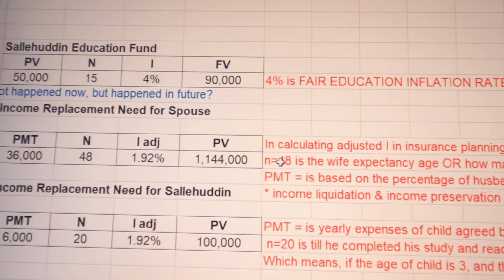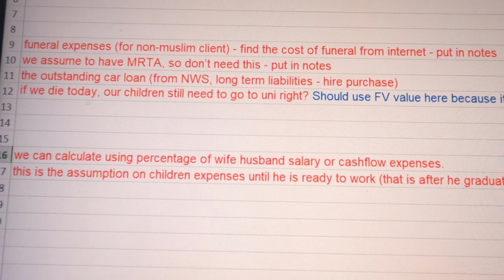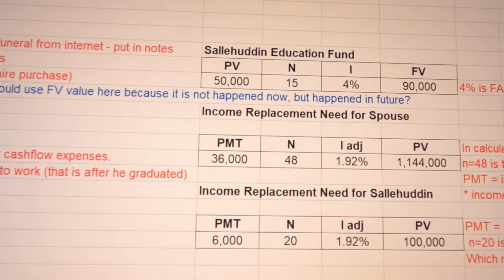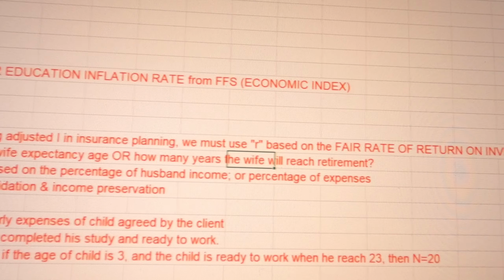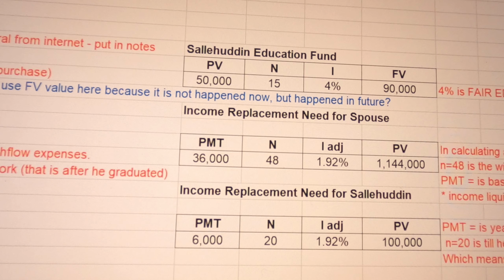As for the income replacement need for the spouse, you should identify here. Let's say based on the discussion between you and your client, the wife agreed to have a payment of 36,000 per year.